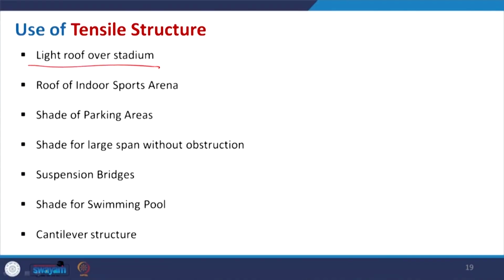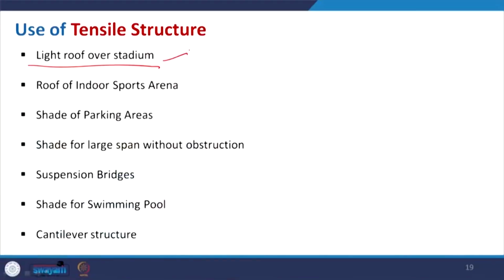we also would like to know the uses. Depending on the variety of applications, the tensile structure is really helpful to make a light roof over a stadium, or it may be an open kind of stadium just to cover the spectator area, or else we can also use it in the form of a pneumatic structure to cover up the whole space.